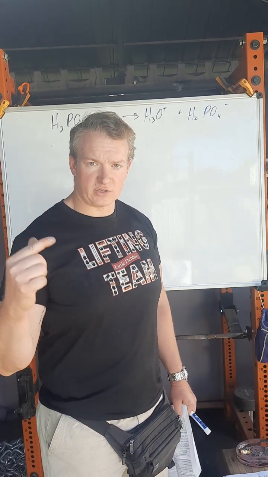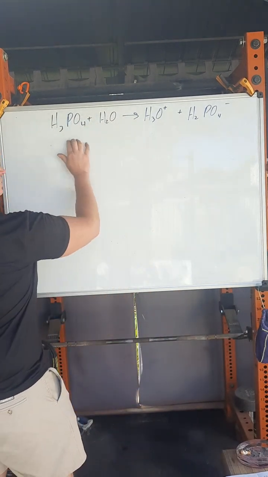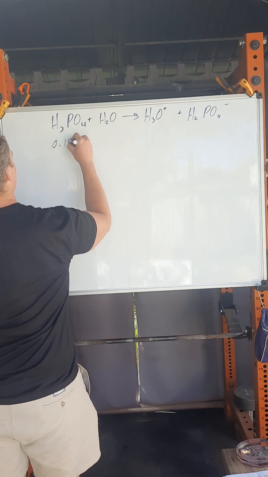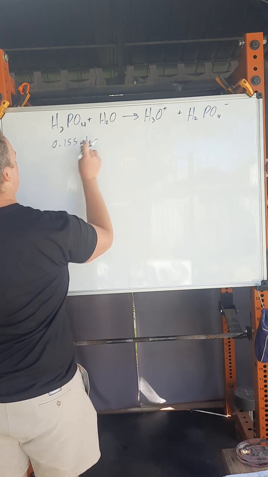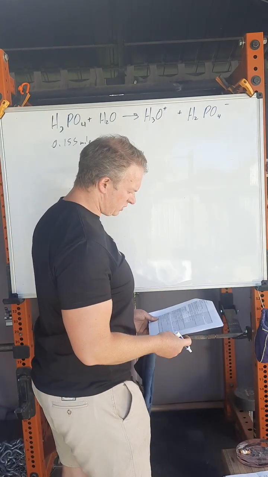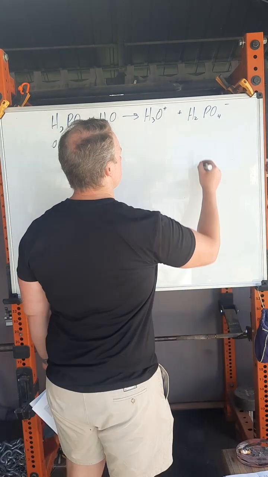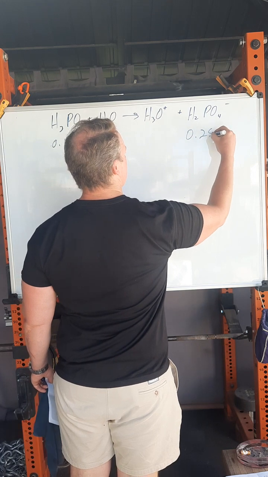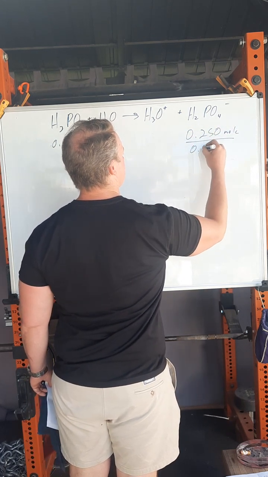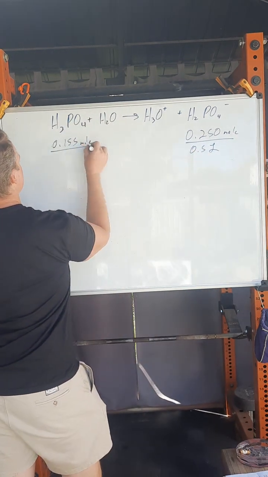We have an acid up here, phosphoric acid, and we are going to add 0.155 moles of this phosphoric acid, and we're going to add 0.250 moles of its sodium salt. We want to make a solution of 0.5 liters.